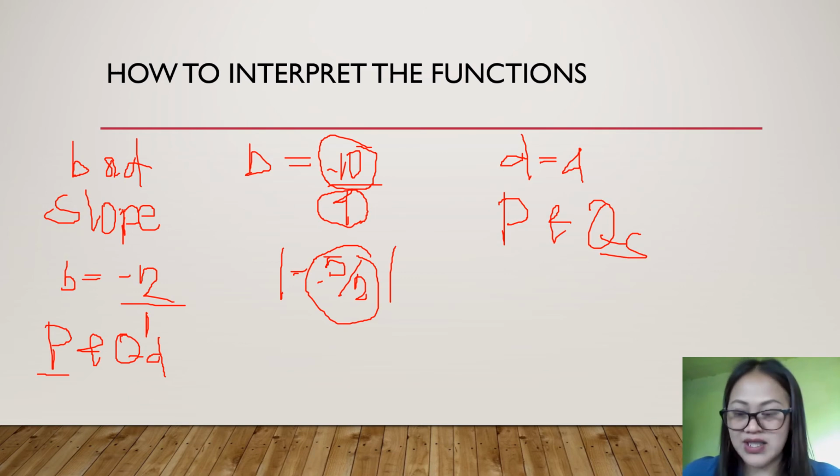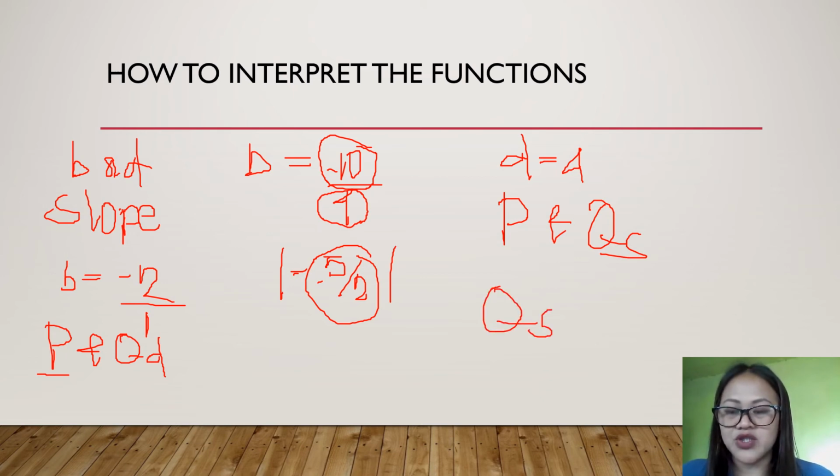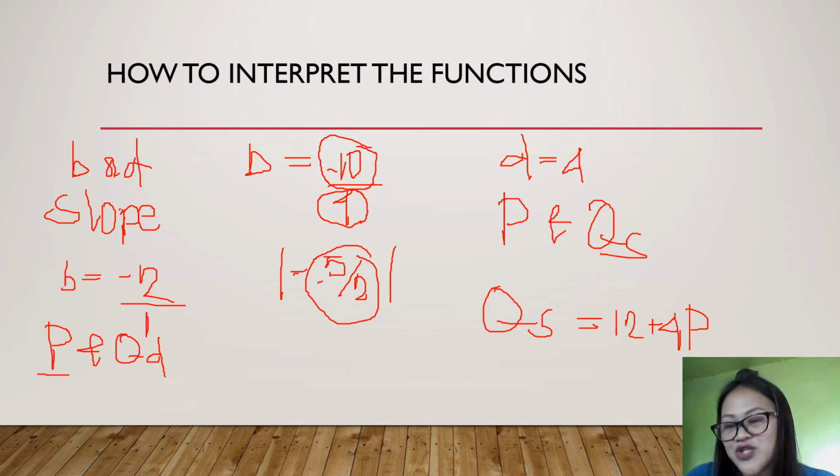Huwag niyong kalilimutan yung interpretation natin when it comes to this one. Can we interpret the supply function such as the quantity, which is 12 plus 4P, mga ganyan? Can we interpret that? Yes, but ang interpretation mo is only coming from this point.